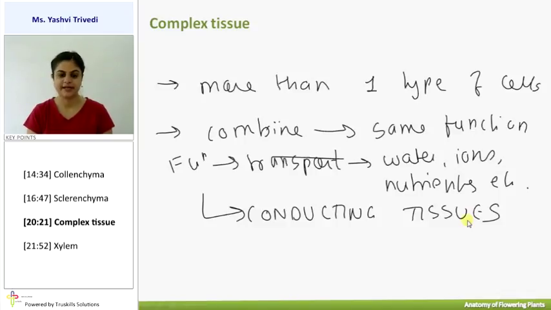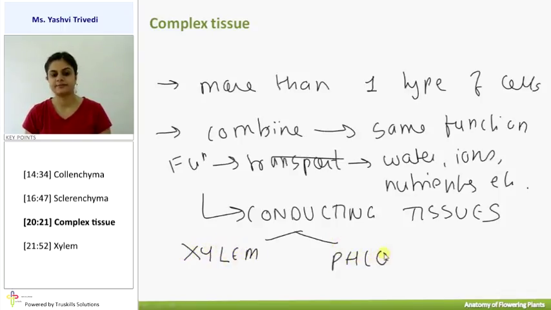Now you must be knowing in the plants there are only two types of conducting tissue. One is xylem and another is phloem. So there are two types of complex permanent tissue or conducting tissue, that is xylem and phloem. Let us see them in detail. The first is xylem.